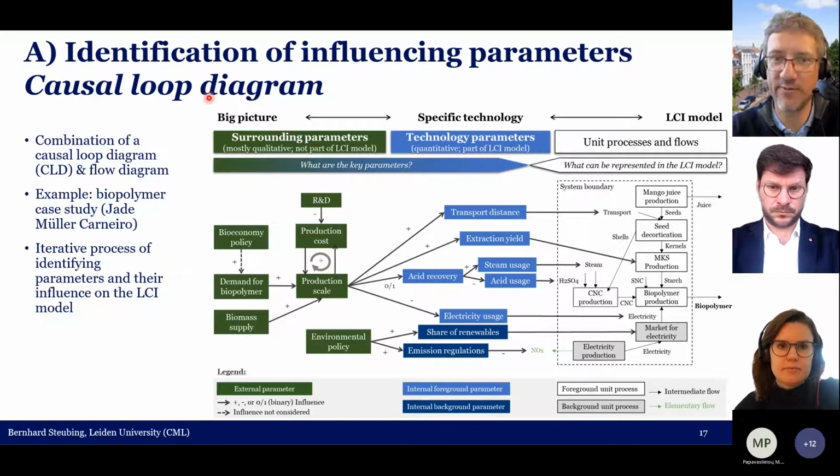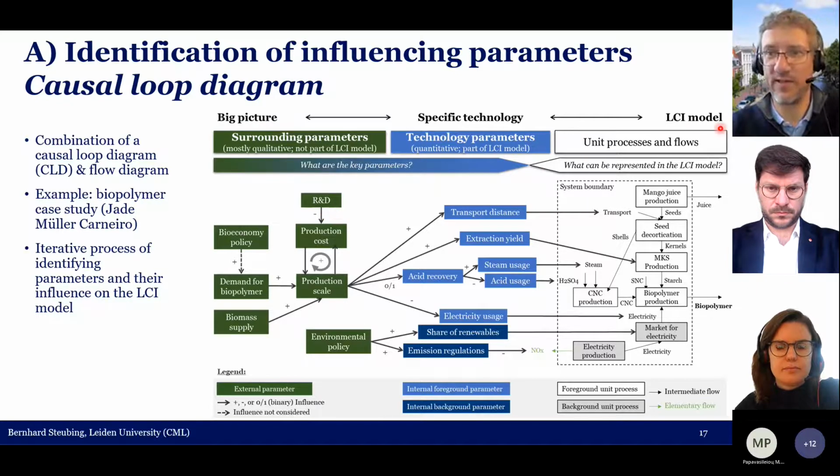Then in the next step, we recommend to draw a causal loop diagram, and actually even to combine a causal loop diagram with a flowchart or a flow diagram. And this is what we try to do here, for an example of a biopolymer case study, and I'll try and explain the reasoning behind this a little bit now.